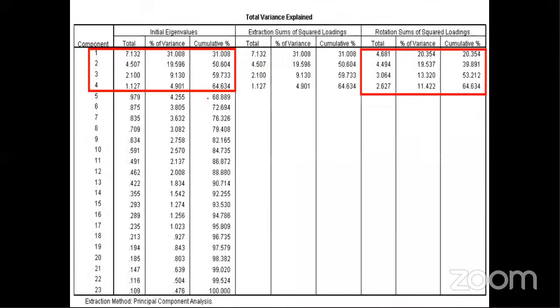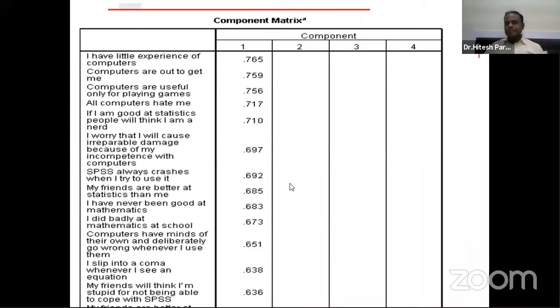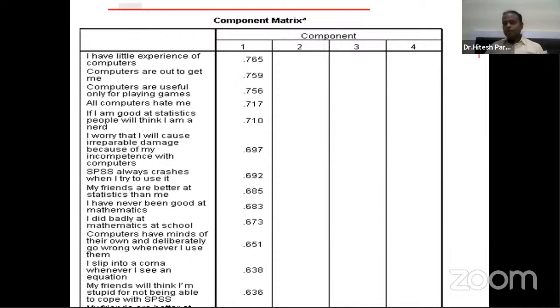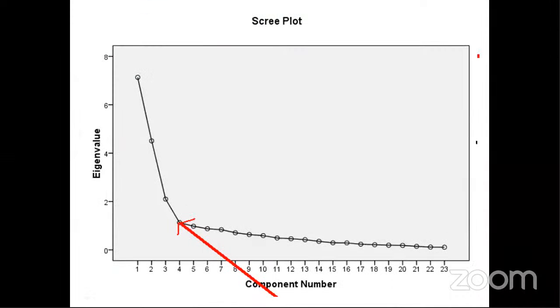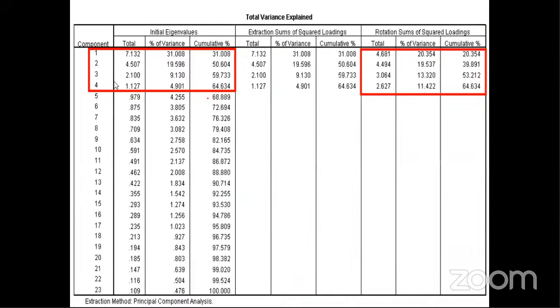Ujjwal sir, please. Sir, in my case, the results are different from yours. Maybe slight deviations can be observed. This is the older file, maybe 1 or 2 respondents may have changed. I have 3 eigenvalues greater than 1, so I have 3 factors.